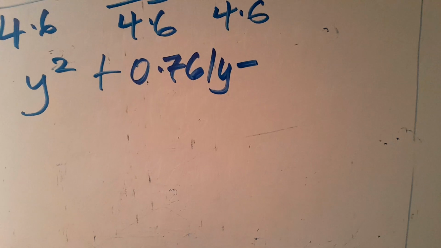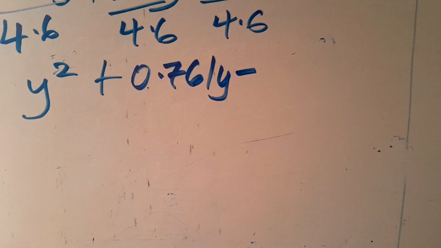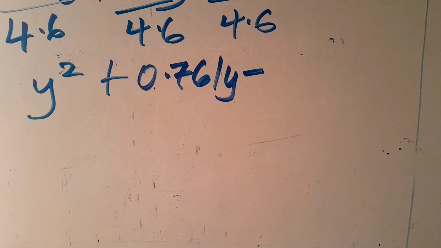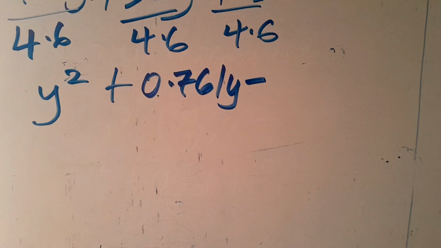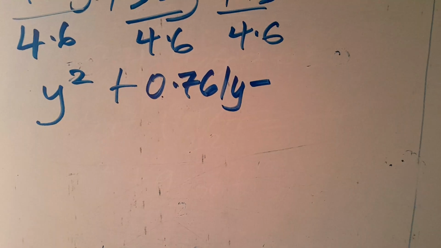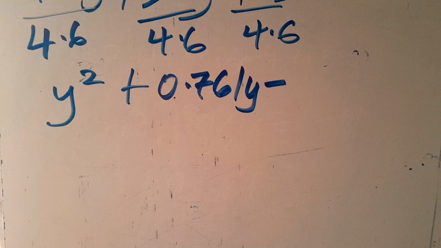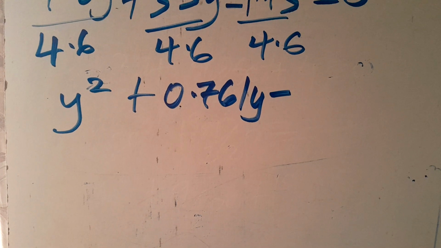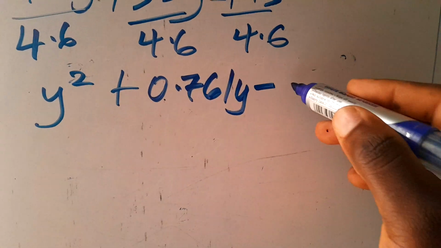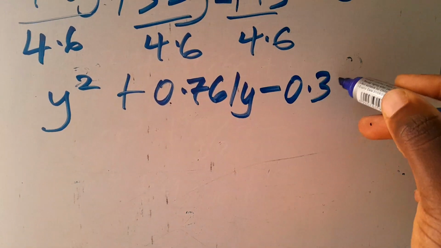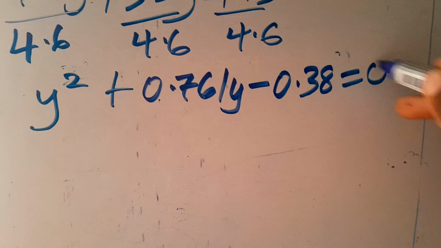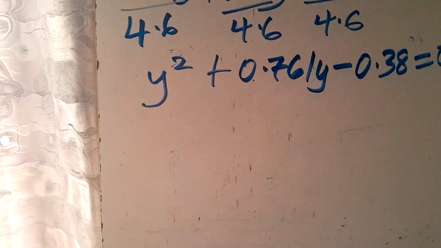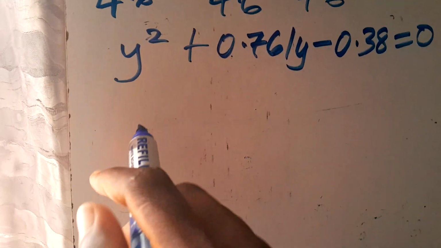If you divide 1.75 by 4.6, your answer becomes minus 0.38, equal to 0. The next step is to have all the terms of y on one side.